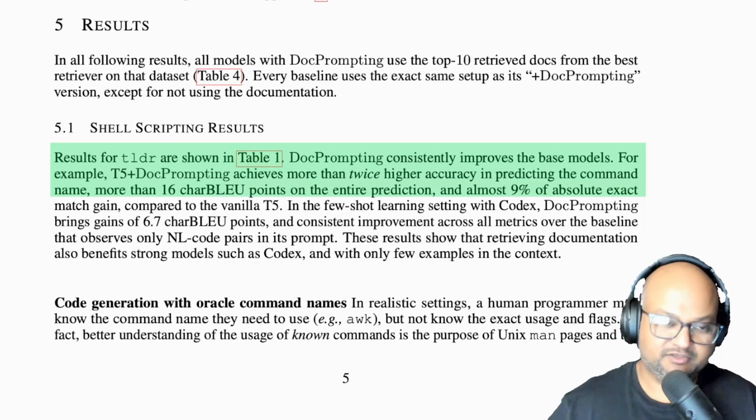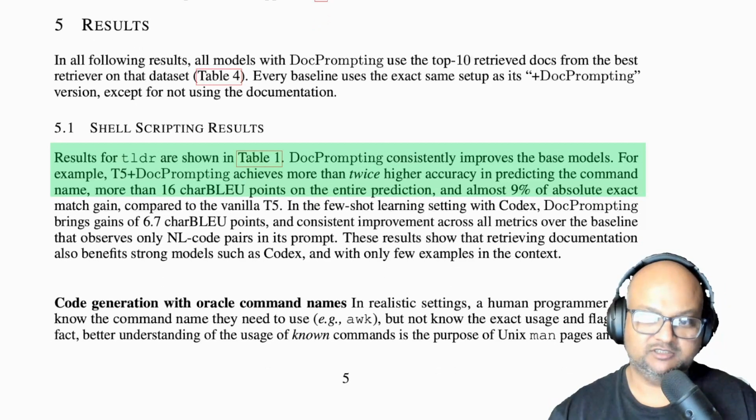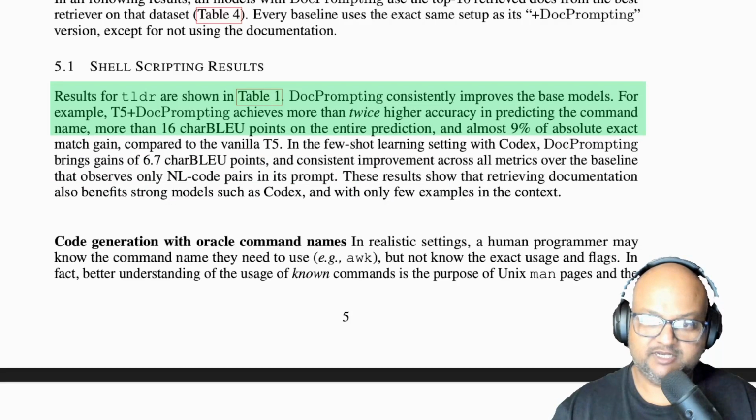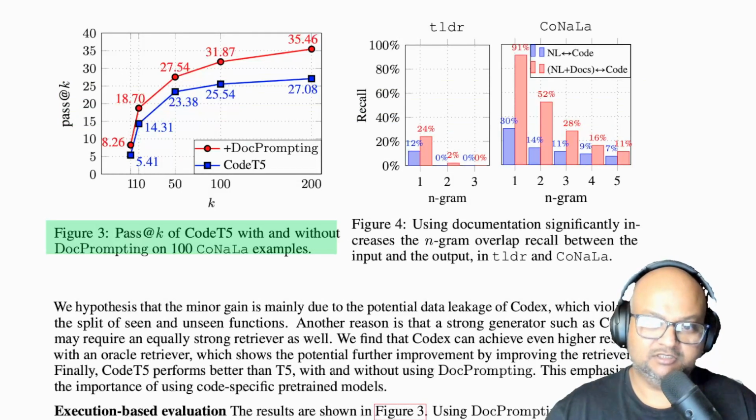The authors tried this out on two main corpora. One was for shell commands and another one was for Python. And in both of them, they saw pretty noticeable improvements with DocPrompting compared to just regular prompting. For example, for their shell command use case, as they're saying here, DocPrompting got more than twice the accuracy compared to regular prompting. And for Python, they also saw much better results with DocPrompting.